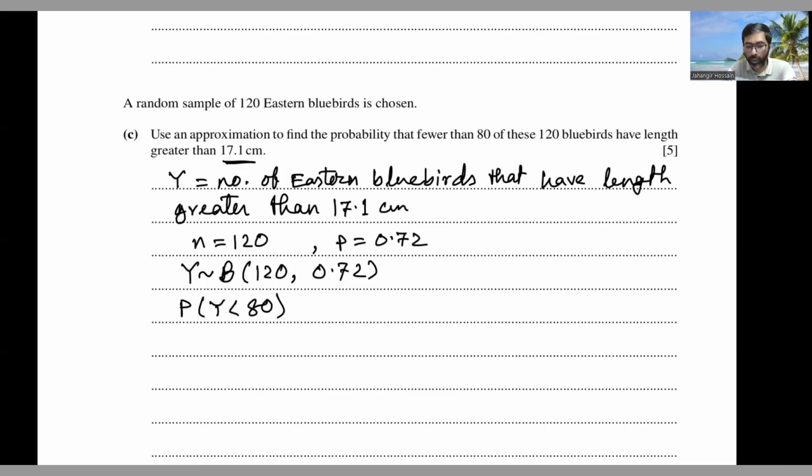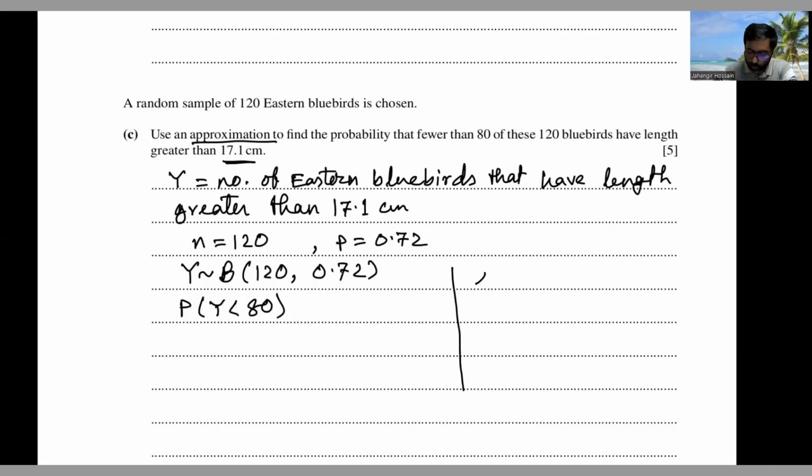You can, but it will take a lot of time and effort. That's why you have to use an approximation. Remember, we can approximate the binomial distribution by a normal approximation. In that case, both np and nq should be greater than 5. In fact, it is more than 5 in both cases.